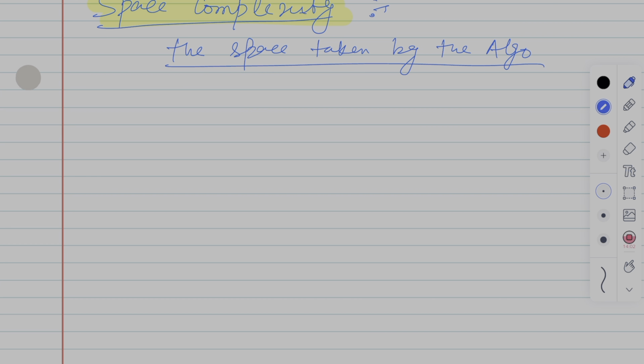Let's make a function which is taking an integer array input a of size n. We are having a function here, and we are saying that there is an integer x.